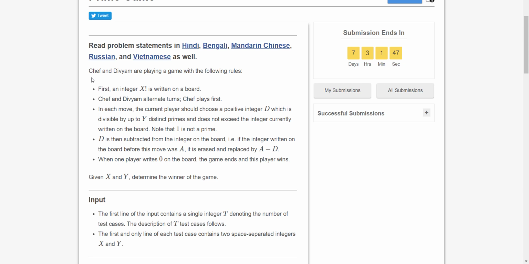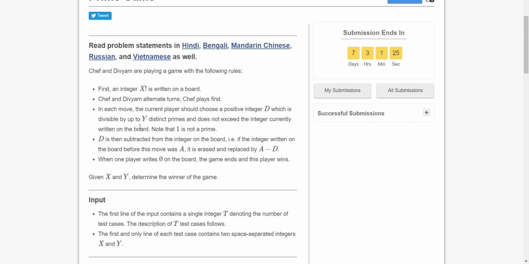Chef and Divyam are playing a game with the following rules. First, an integer x factorial is written on a board. Chef and Divyam alternate turns. Chef plays first. In each move, the current player should choose a positive integer d, which is divisible by up to y distinct primes and does not exceed the integer currently written on the board.